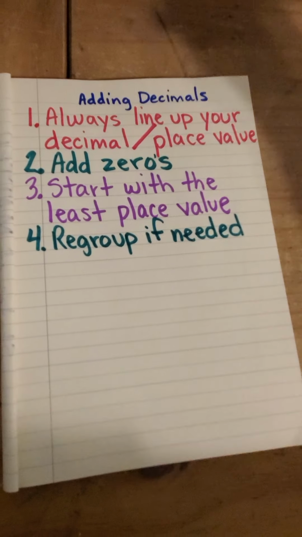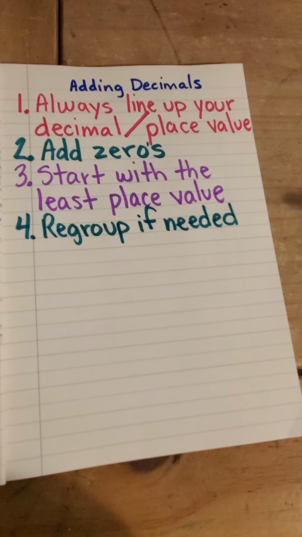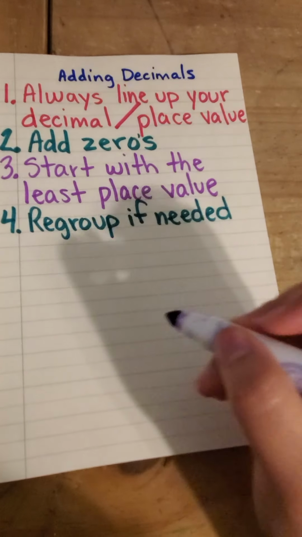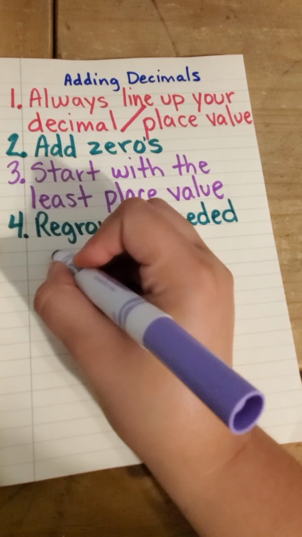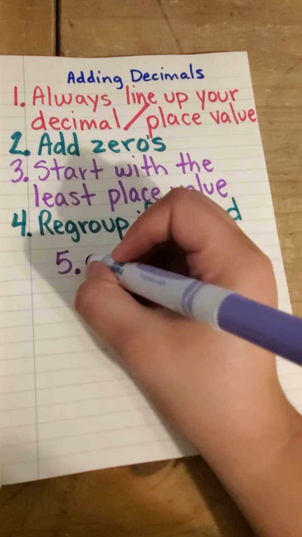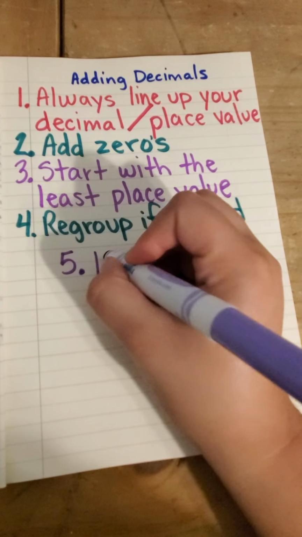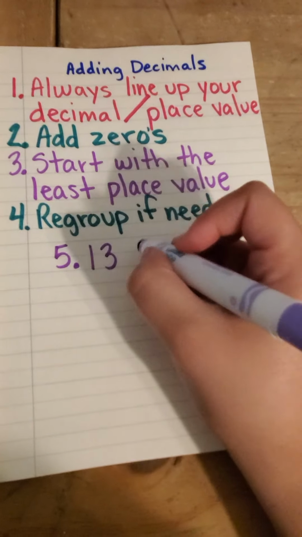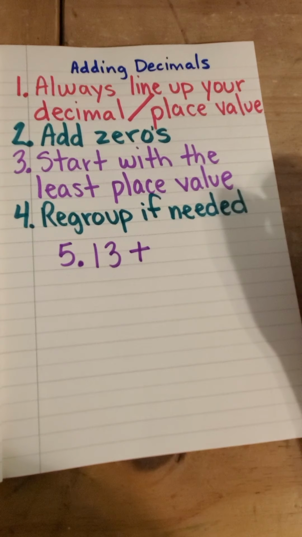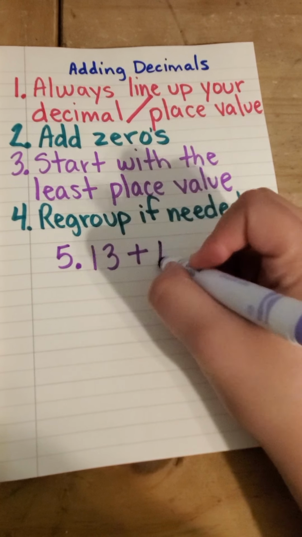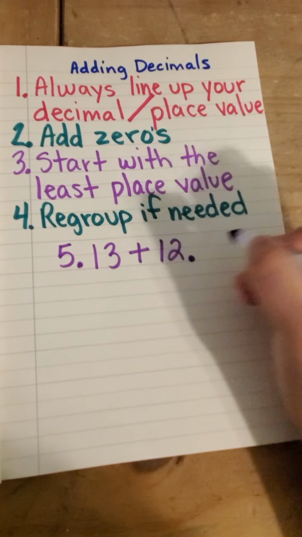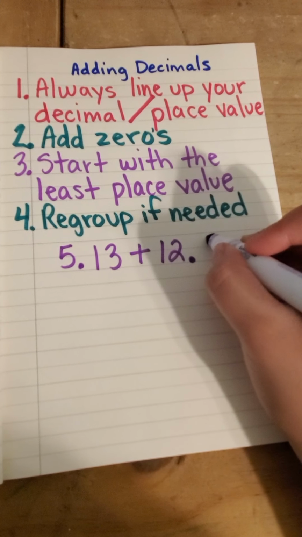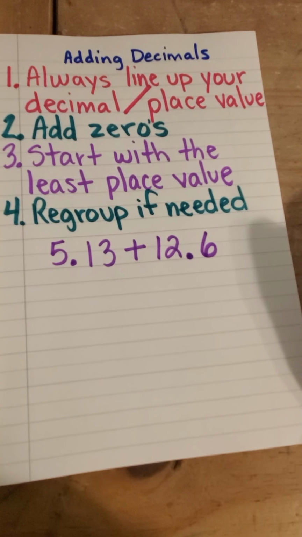For example, let's say we have the number 5 13/100ths plus 12 6/10.